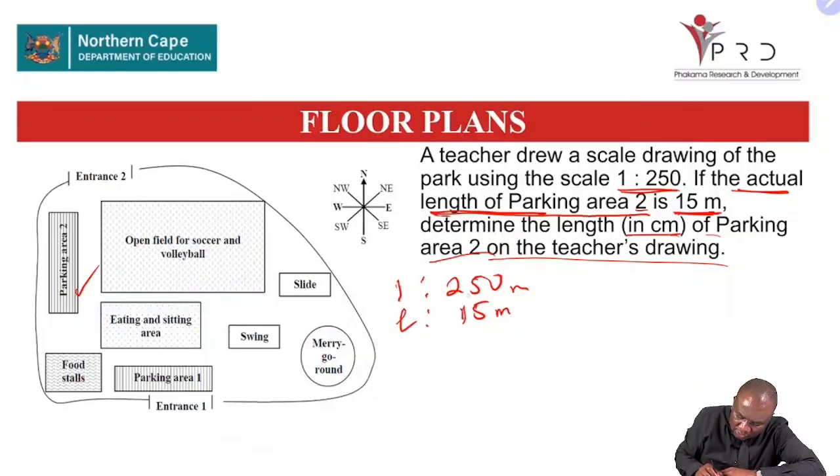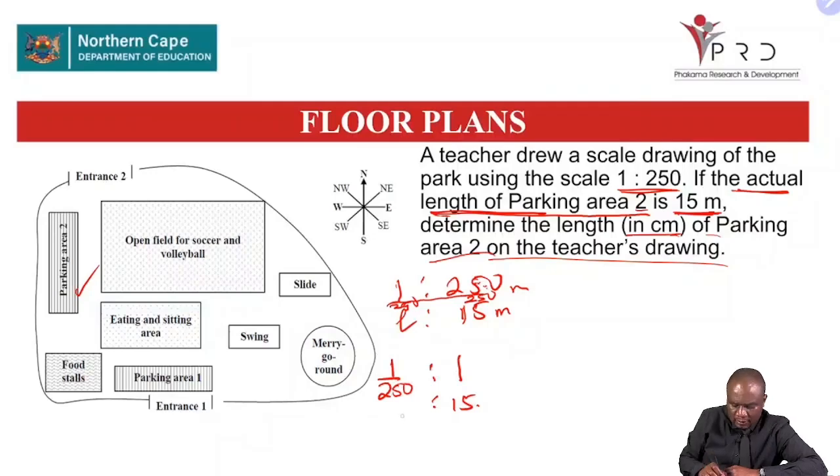Right, now, how do we get 1 from this 250? We have to divide by 250 on both sides. So it becomes 1 over 250 is 1. So again, what about 15 meters? If 1 meter on the ground is represented by 1 over 250 on the plan, what about 15?